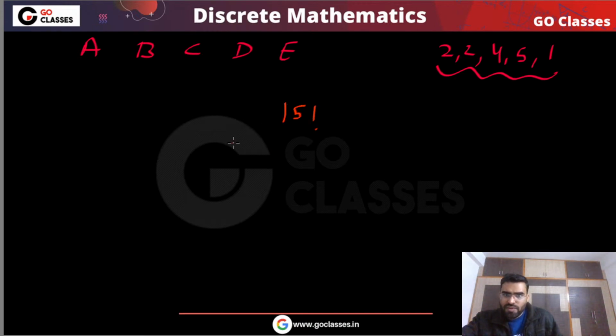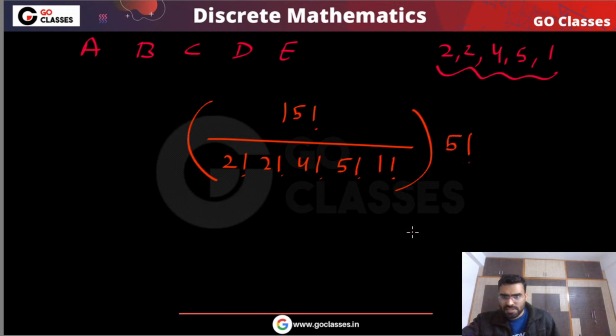If you do 15 factorial divided by 2 factorial, 2 factorial, 4 factorial, 5 factorial, 1 factorial, and multiply with 5 factorial, is this correct? Will this be correct? Can anyone tell me? In the last question we did this because the 5 factorial was coming, because we don't know which box will have one object, two objects, three objects, four objects, five objects. Here in this situation, is this correct?